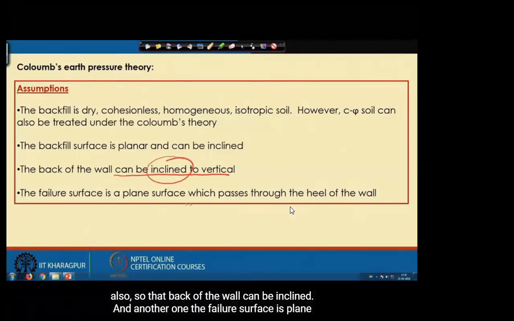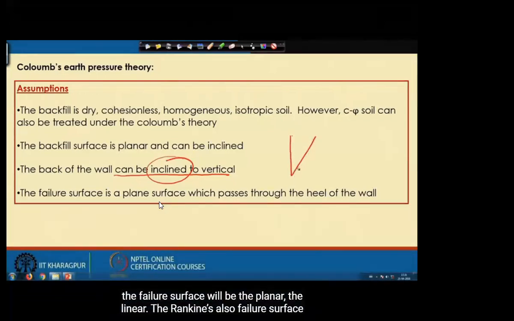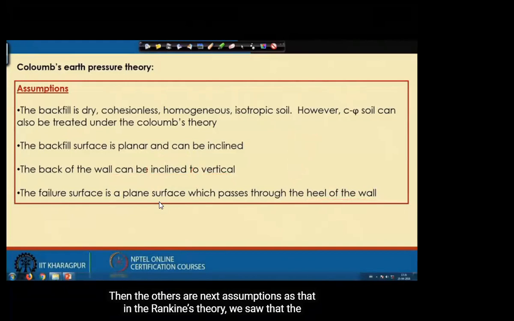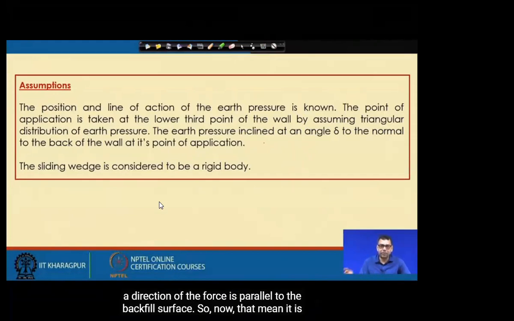And another one, the failure surface is a plane or linear failure surface. If this is the wall, the failure surface will be planar, linear, and in Rankine's also the failure surface is linear and always passes through the heel of the wall. Then the next assumption: in Rankine's theory the direction of the force is parallel to the backfill surface.